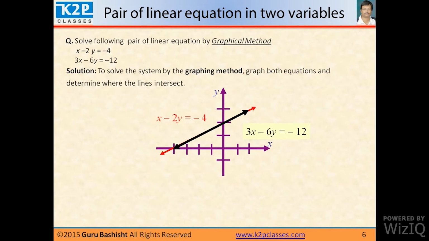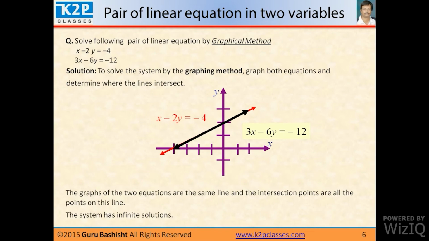Just multiply it by 3 and you will get 3x minus 6y equal to minus 12. So the graphs of the two equations are the same line, and the intersection points are all the points on this line. The system has infinite solutions. In other words, since it is a linear equation in two variables but only one equation is effectively given, it has an infinite number of solutions.